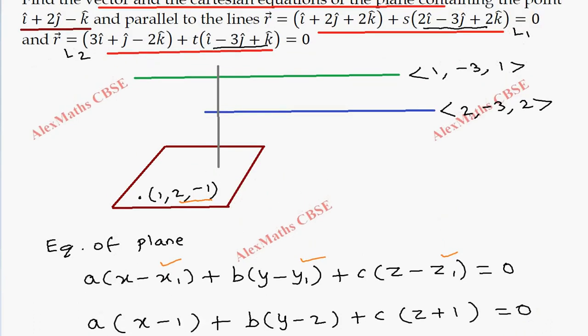Now these two lines are perpendicular to the normal of the plane. So we are going to use the perpendicular condition by taking this first dr as b1 vector and this dr as b2 vector.